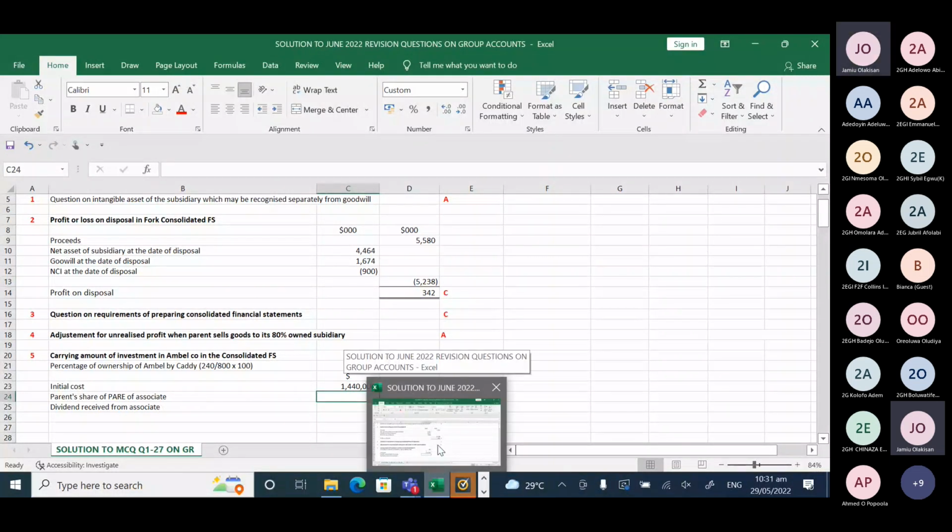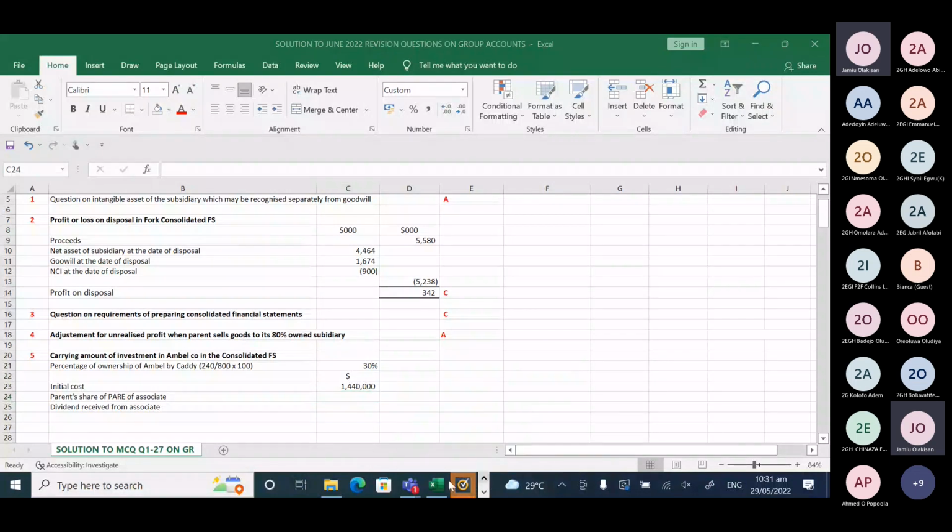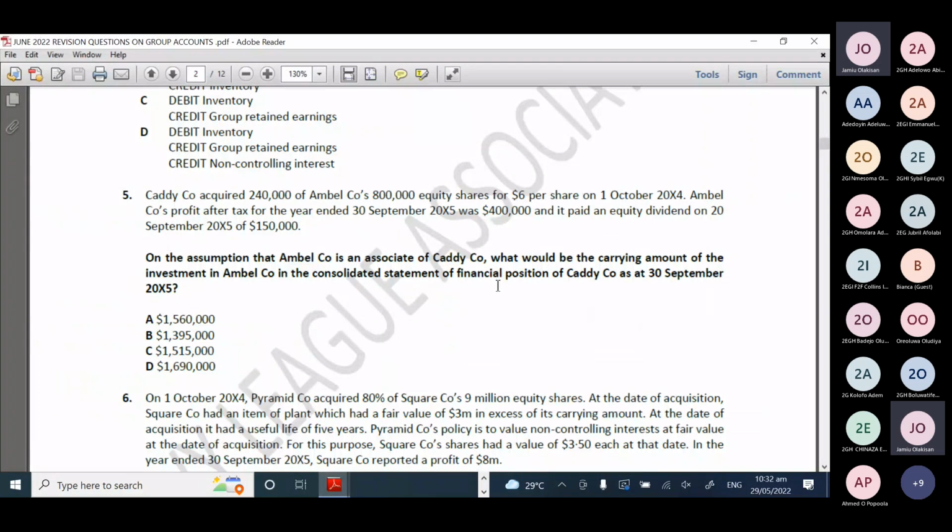Are we together? Let me go back and check. You said this one is straightforward. Ambel's profit after tax for the year ended 30th September 20X5 was 400. This amount is entirely post-acquisition earning because this entity was acquired at the beginning of the year.